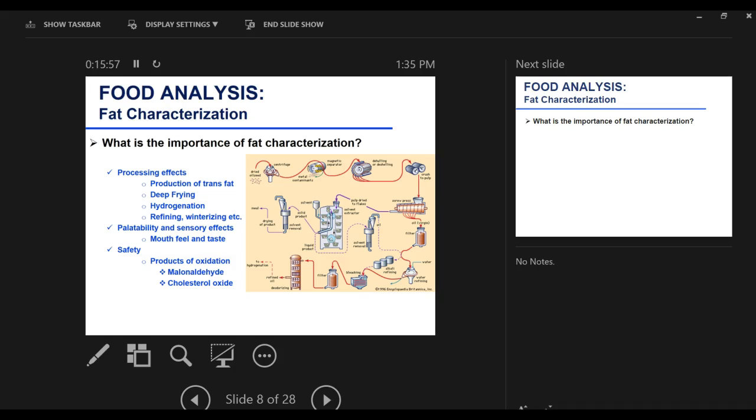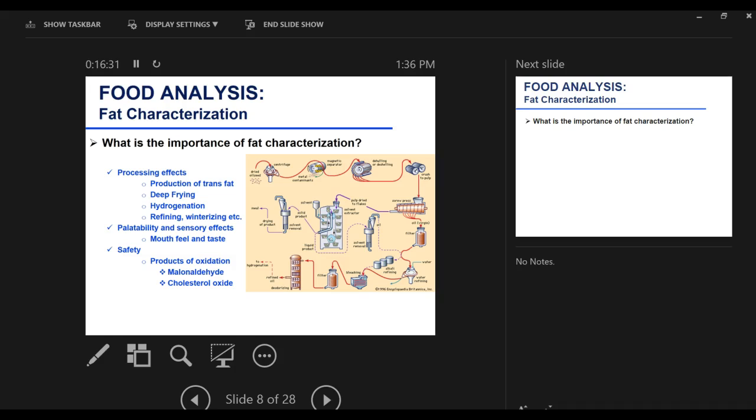It's an indication that the oil has been used quite some time, or the number of times the oil has been used. So it can be a measure of the age of the oil, and it can be a measure of how well we refine the oil. We will have extra virgin olive oil in the lab as one of the oils. It will have higher fatty acids than other oils. You'll see that from the data.